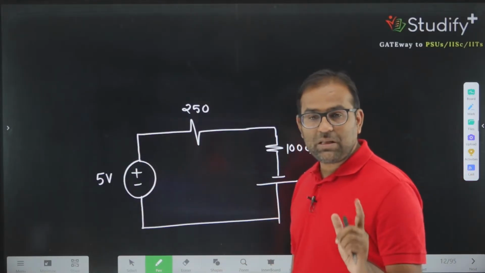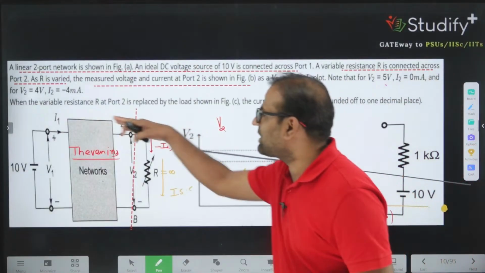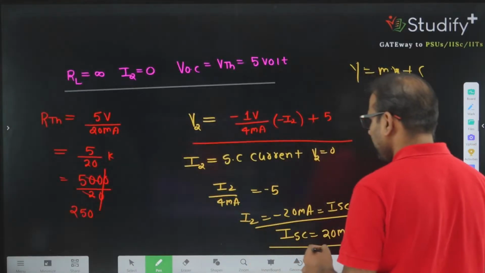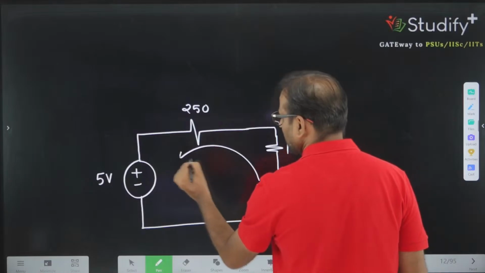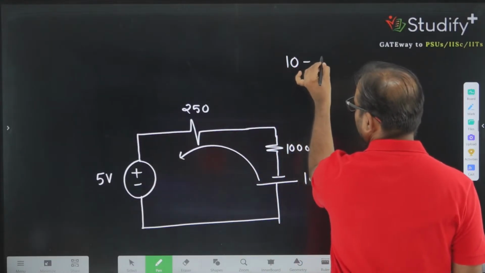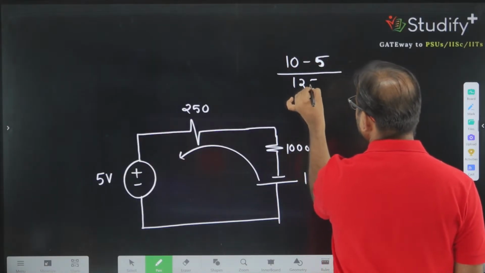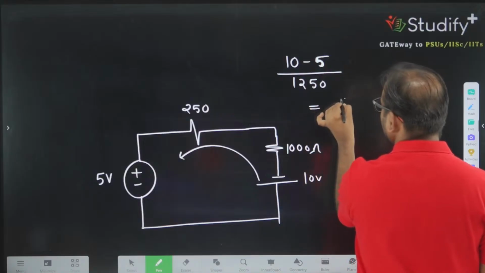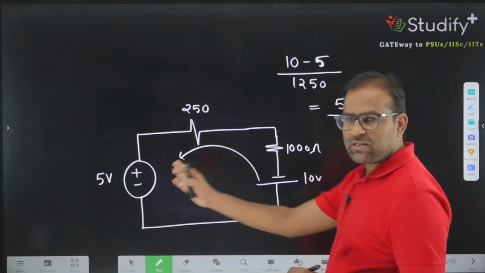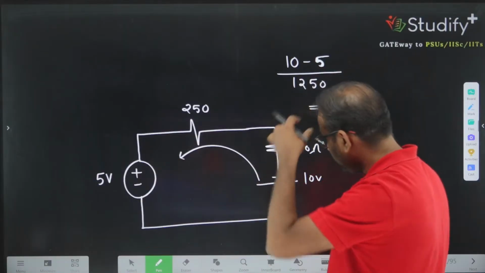Always remember what they are asking. They are not asking for the short circuit current. They are asking for the current which is going inside this. So what is this current? Higher potential minus lower potential, 10 minus 5, divided by 1250. Potential difference divided by resistance is current, and this is the higher potential, this is the lower potential.